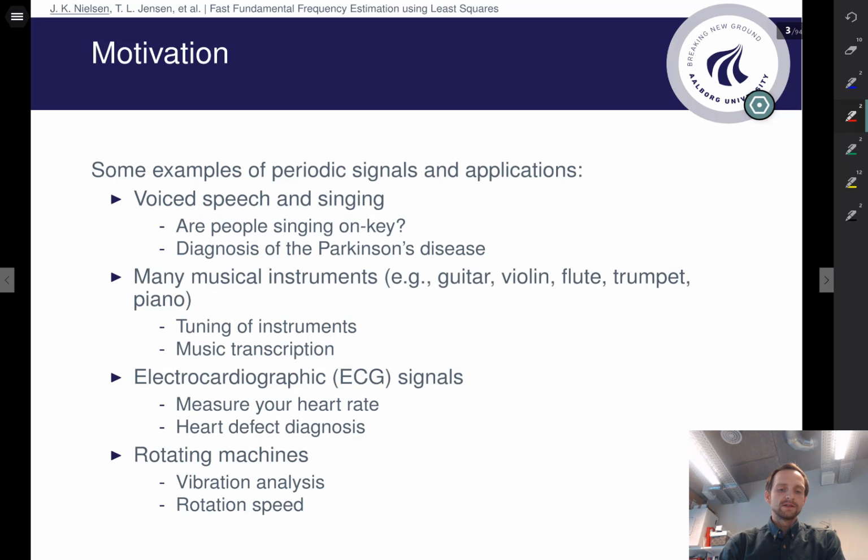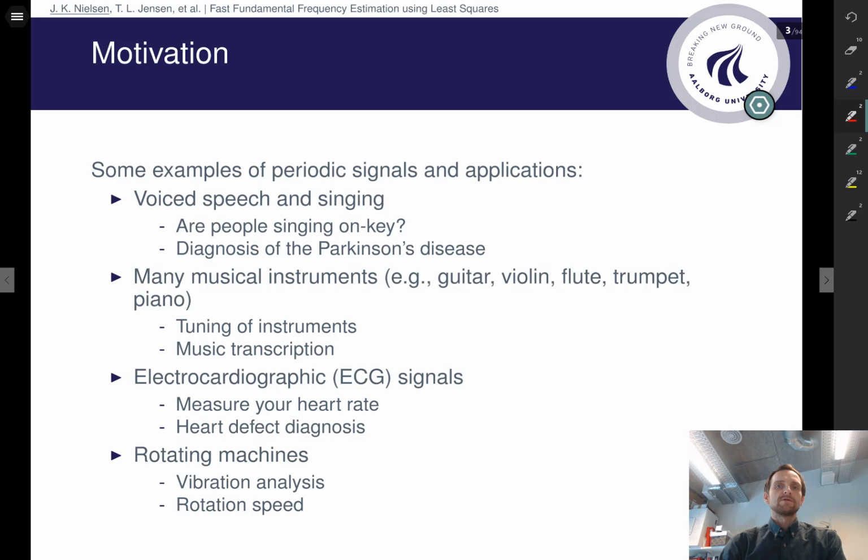So if you want to measure your heart rate or the heart rate variability, or you want to look for heart defects, then you also need to analyze periodic signals. And if you look at rotating machines, there you will also encounter periodic signals, and you can use that for vibration analysis or for estimating the rotation speed.